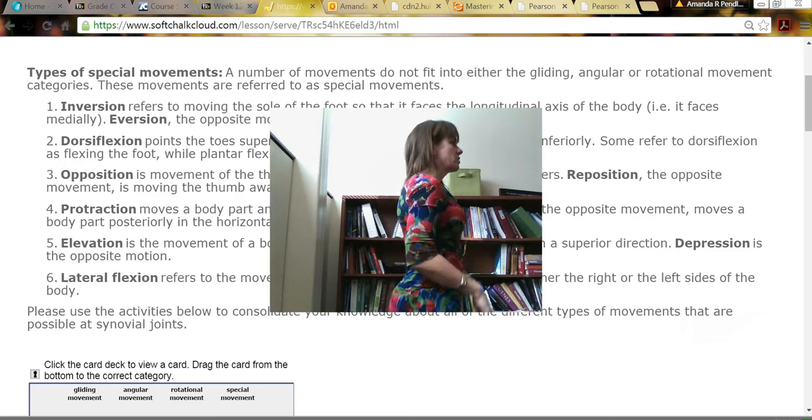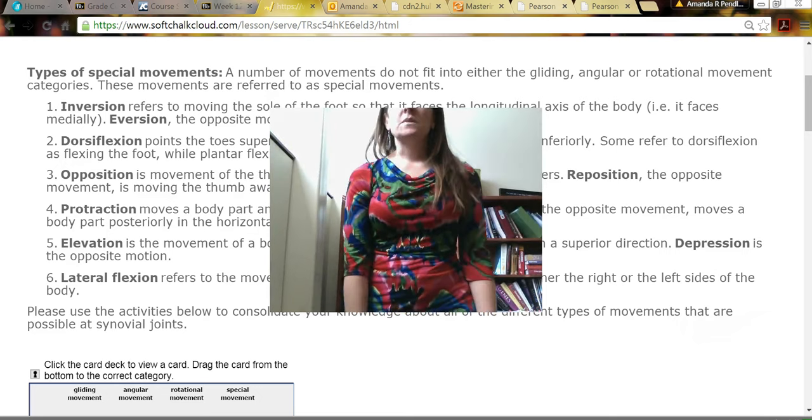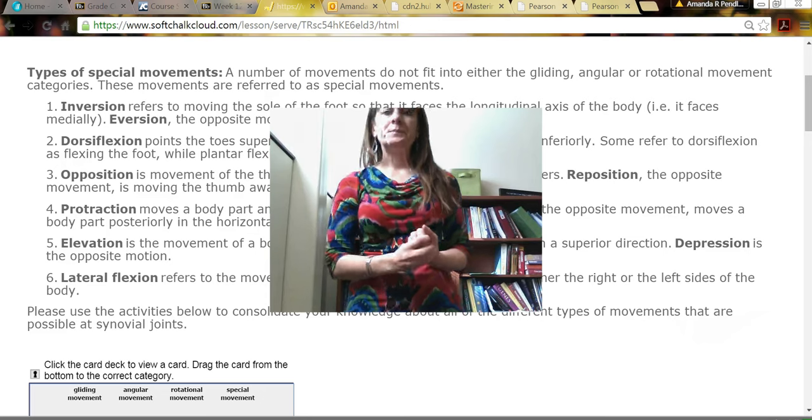So you can do this with your jaw. Protraction, retraction. Okay, you can also do that like that. So those are some of the movements there.